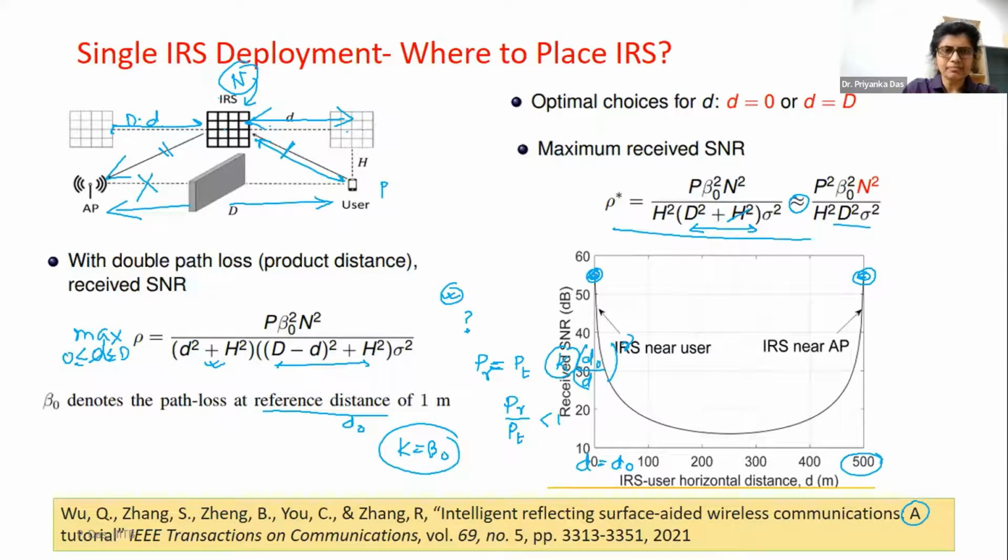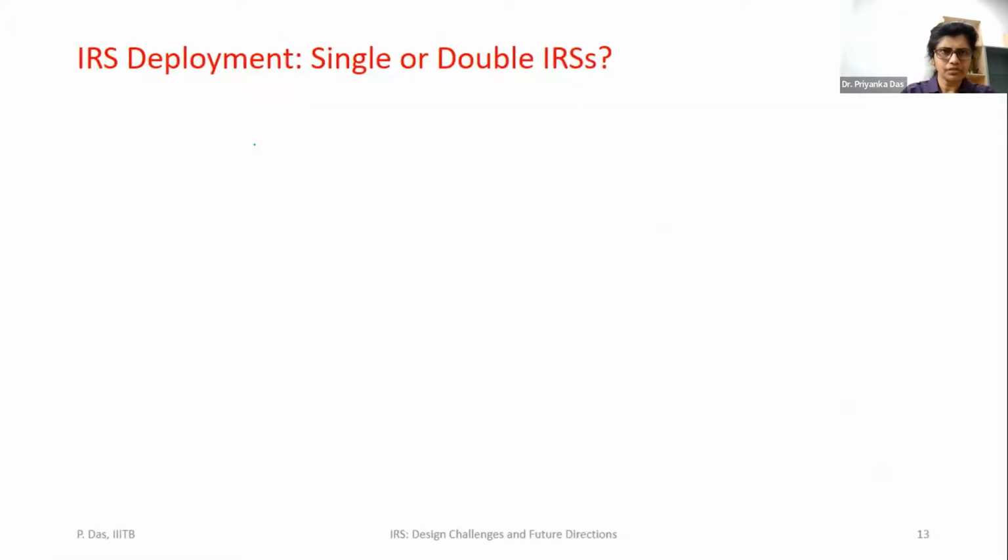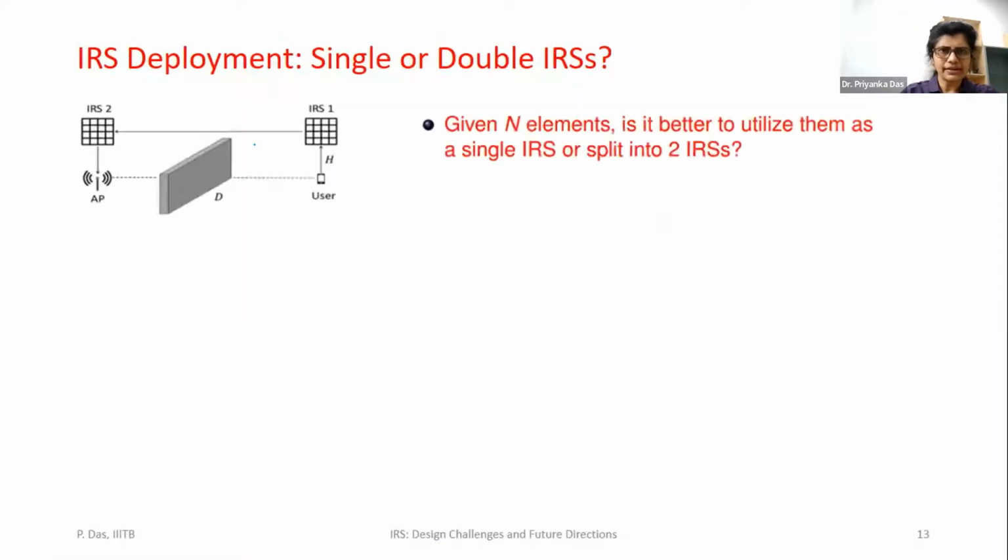Instead, can I break the N into N by 2 and N by 2, place them one here and another here, and compare which is better? That is my cooperative IRS. We use the term cooperative IRS. So the major motivation is: is it better to utilize them as a single IRS or split into two IRSs?